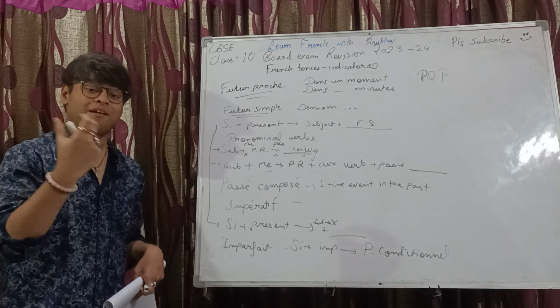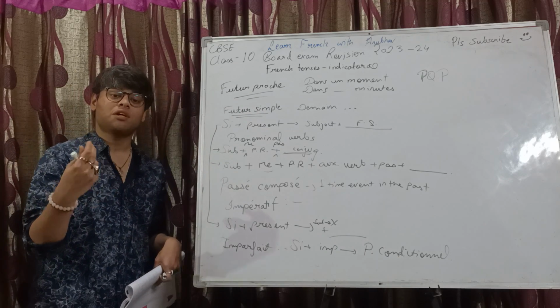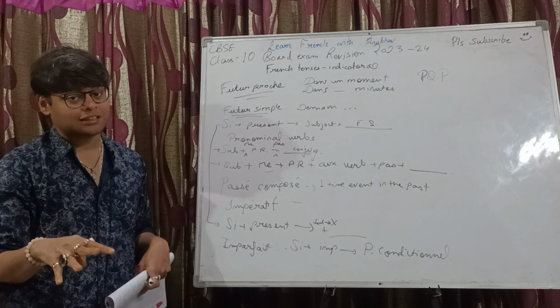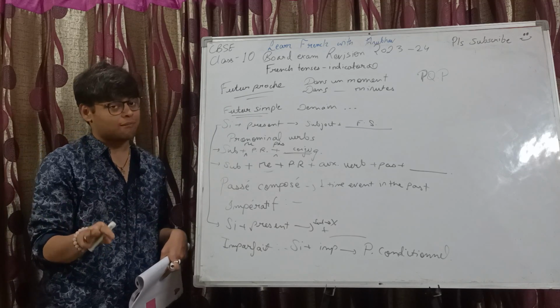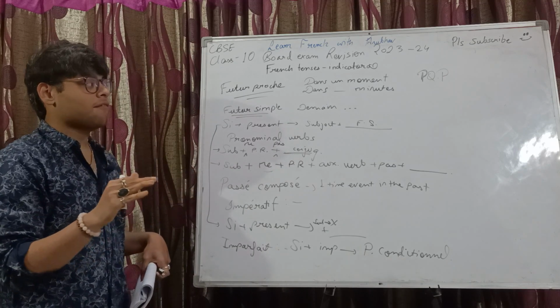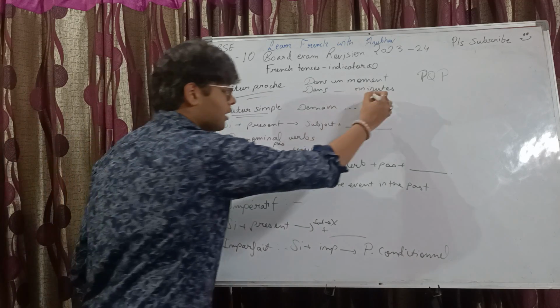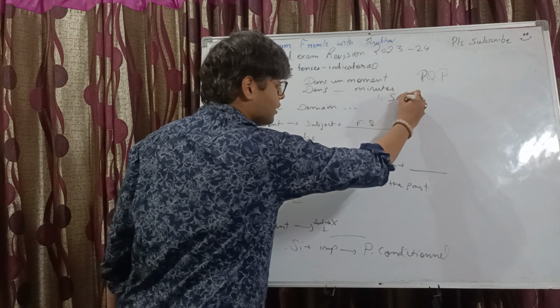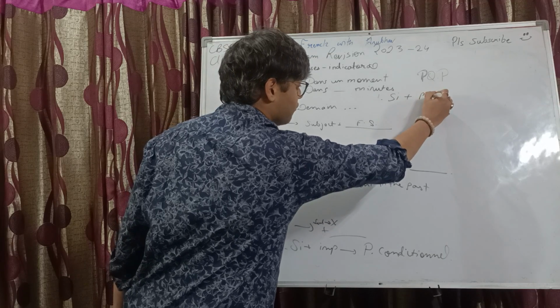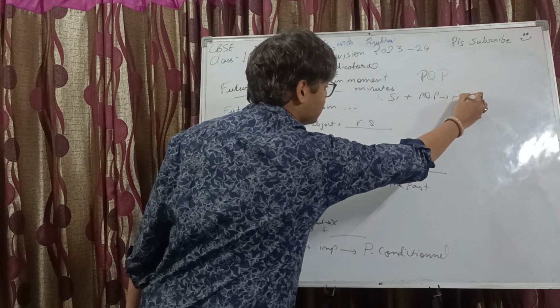Formation: subject plus imparfait conjugation of the auxiliary verb followed by the past participle, followed by subject verb agreement if applicable. Now, plus-que-parfait indicators. First indicator is the si clause number 3. Si plus plus-que-parfait is passé conditionnel.